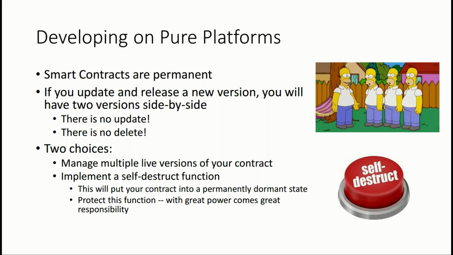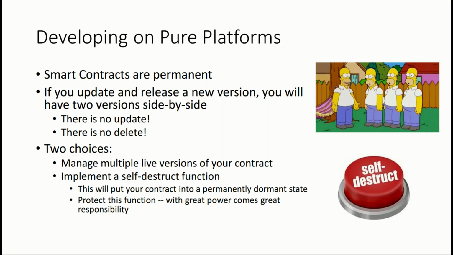You then release the updated version of your smart contract. Well, in such a scenario, which you would have on a pure blockchain platform, is version 1 and version 2 of your contract, both on the blockchain, both live, both accepting and processing incoming transactions, albeit with different contract addresses.